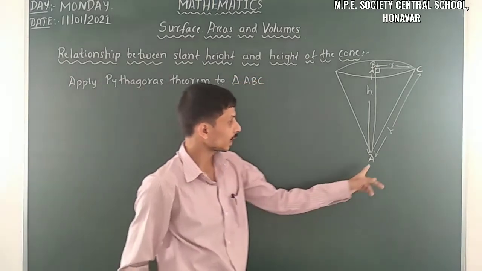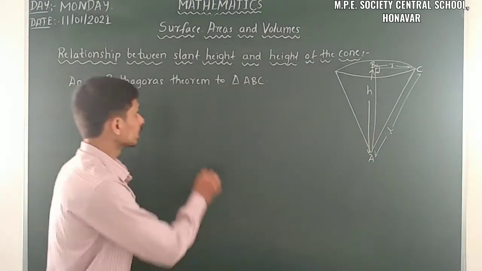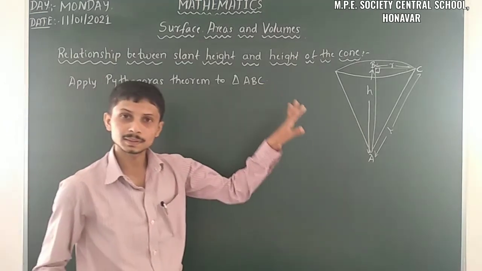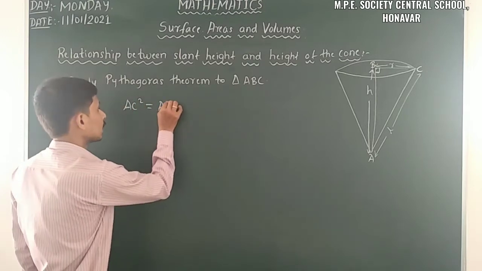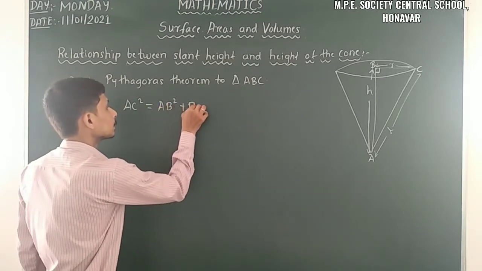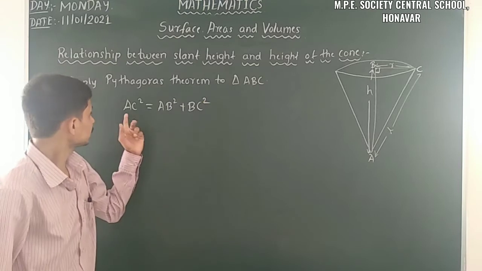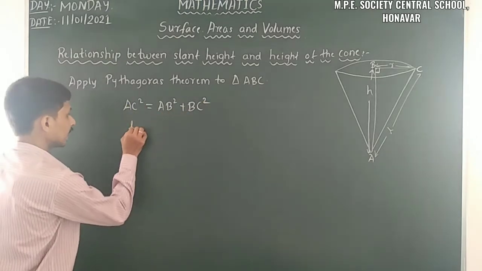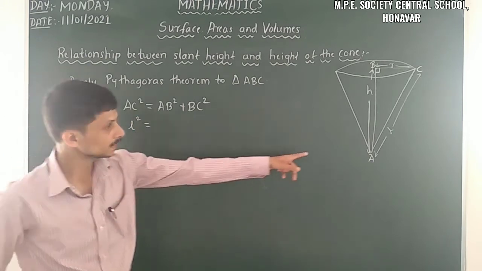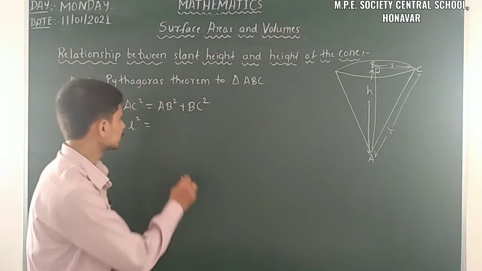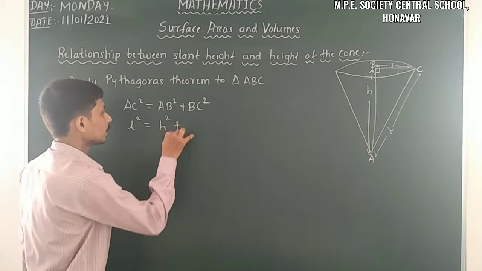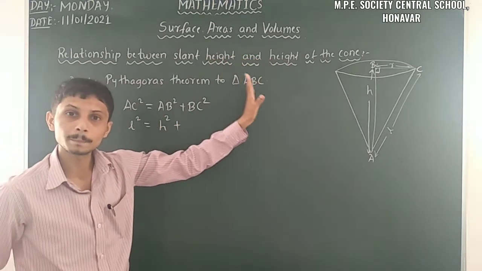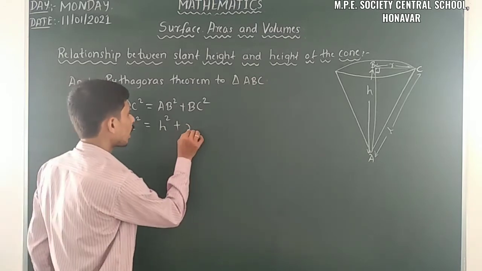The hypotenuse is AC, so AC square is equal to AB square plus BC square. What is AC here? AC is the slant height, that is L. L square is equal to AB square, which is H square, plus BC, the radius of the base circle, that is R square.